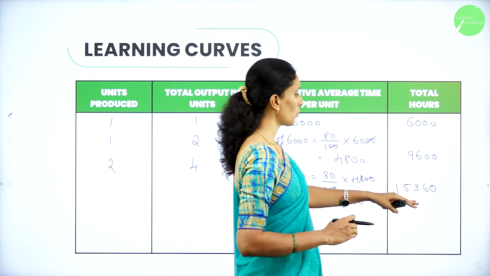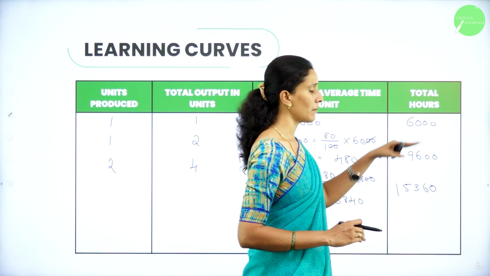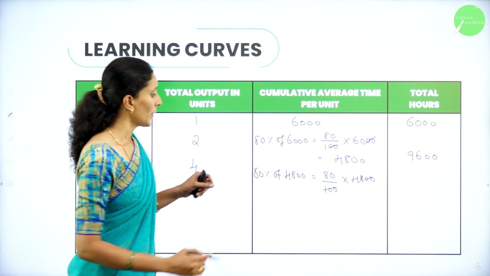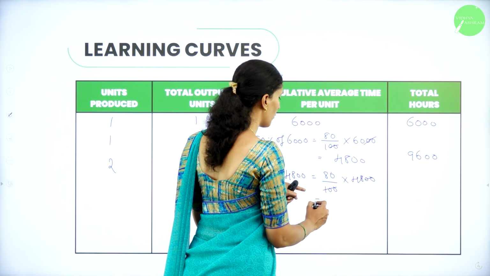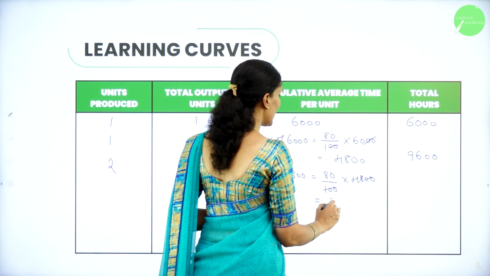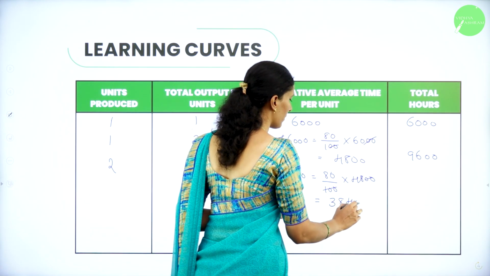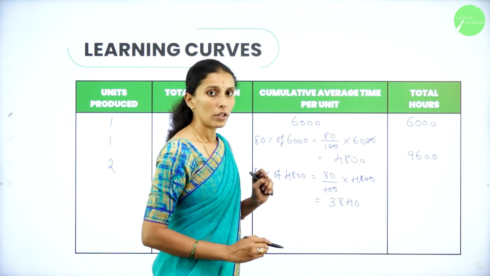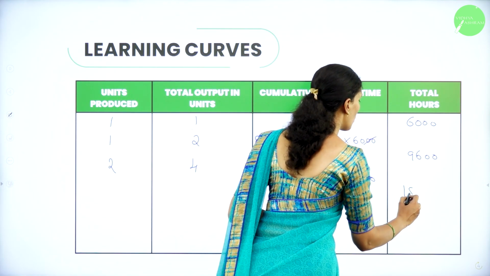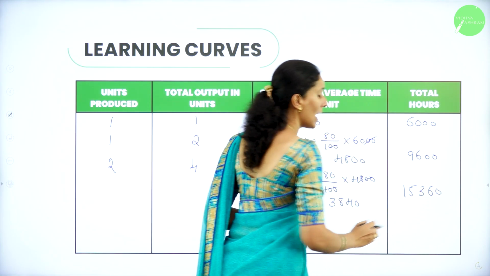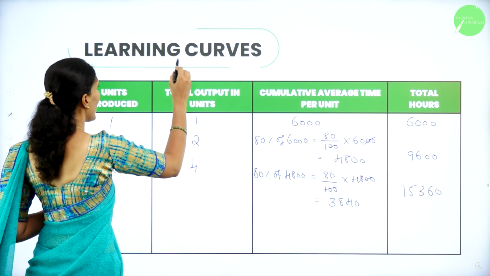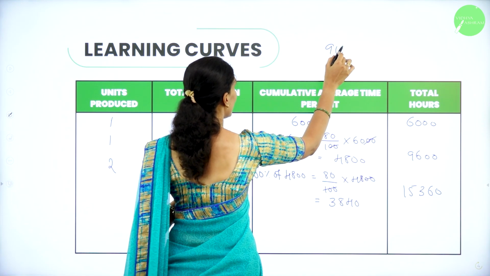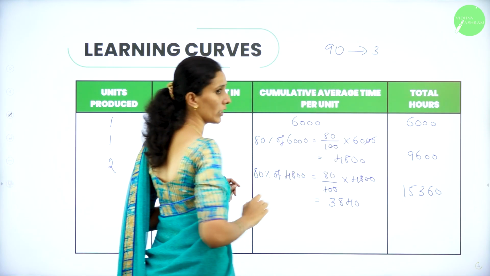Similarly, the labor hours will be 15,360 minus 6,000. I'll stop here because I need to produce 90 engines. That is nothing but 3 units.